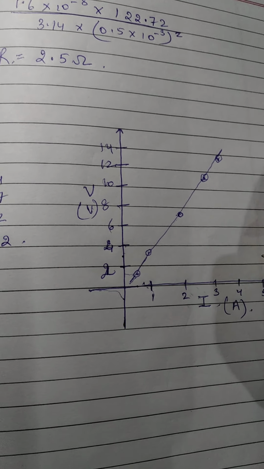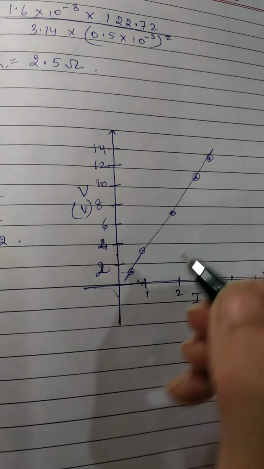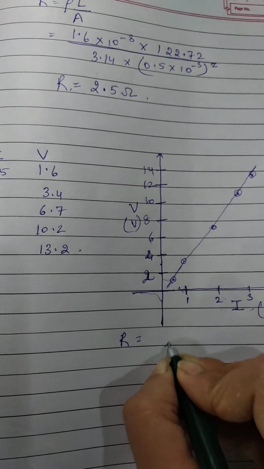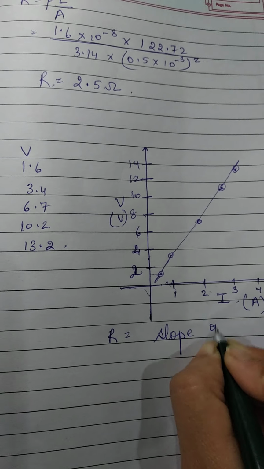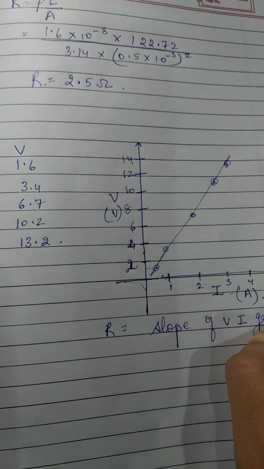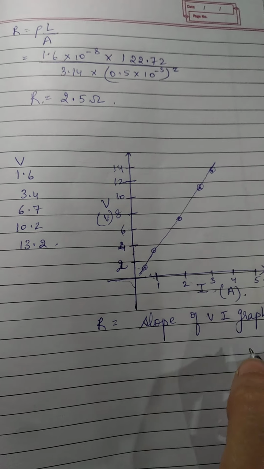After this, we have to simply graphically calculate the value of R. Remember, R is the slope of VI graph. And what is the slope?